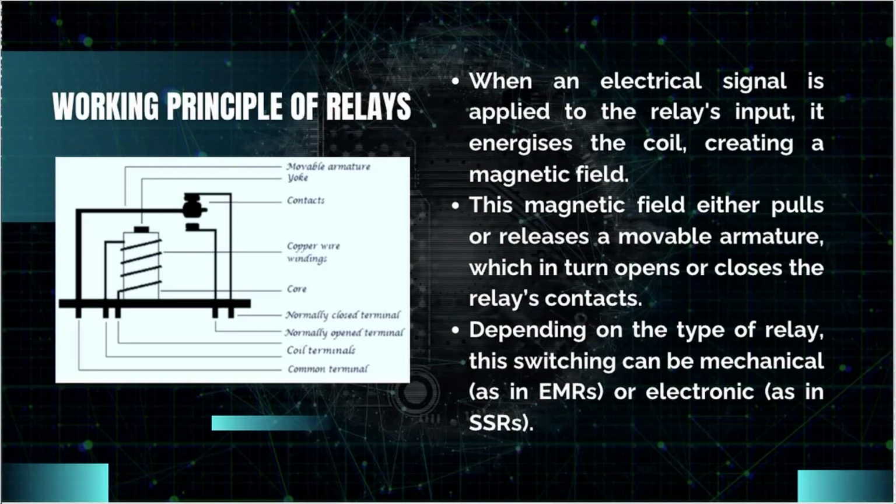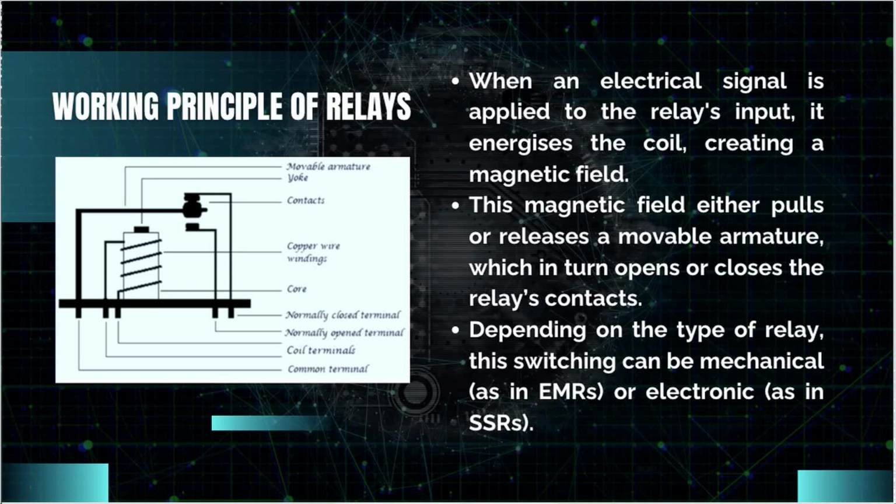Working principle: relays operate by utilizing an electromagnet to trigger a switching mechanism. Here's how it works. When an electrical signal is applied to the relay's input, it energizes the coil, creating a magnetic field. This magnetic field either pulls or releases a movable armature, which in turn opens or closes the relay's contacts.